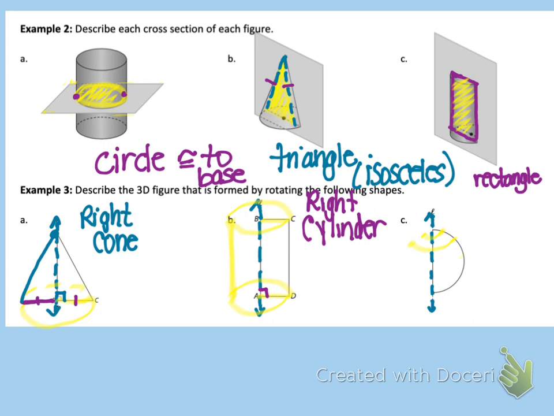Put a point here and rotate around, and you're going to continue on the other side that we can't see. You're going to keep going around and back around, and all of a sudden, we've created a sphere.